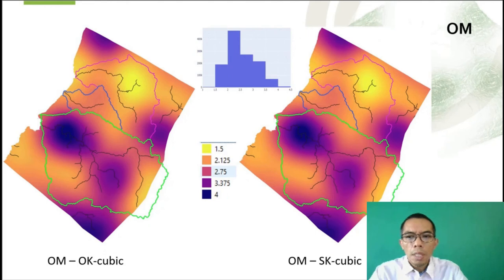These images present the spatial distribution of organic matter in the study area. The majority of the organic matter values of the samples range from 1.5% to 4%. As depicted in the images, higher values of organic matter in this big watershed, this part here are the higher values, which are located at the downstream of the watershed, could be attributed to sediment deposits.